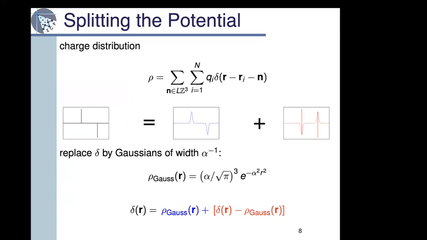Now, you say, well, I would like to split the potential. If I just think in one-dimensional terms, and there's a unit charge maybe here, and there's a unit charge there, so it's singular, it's a delta function. What you do is you add Gaussians in order to smear out this charge and to smear out this charge.